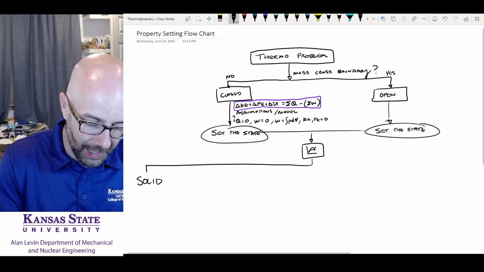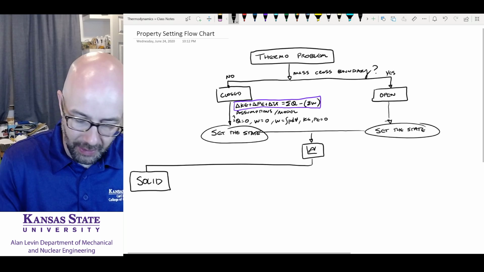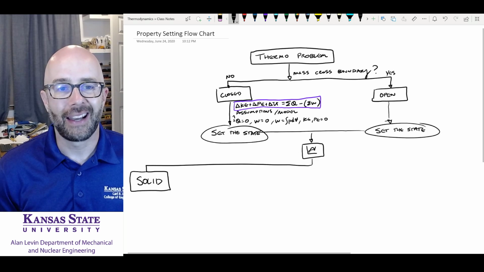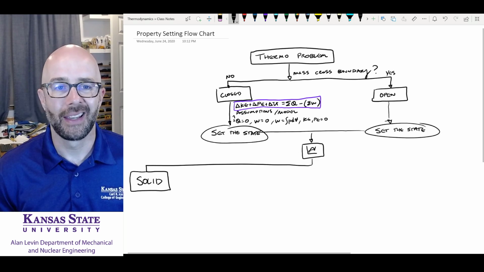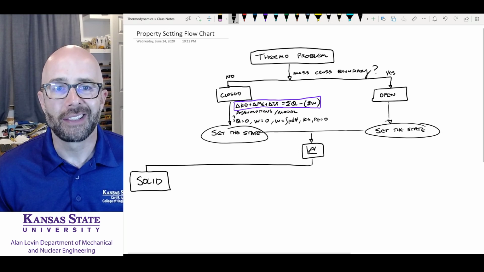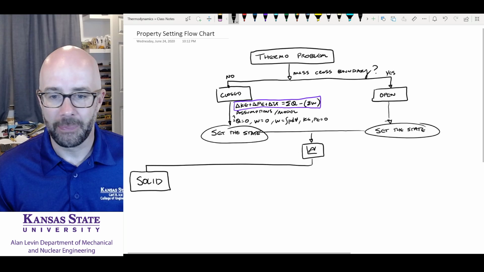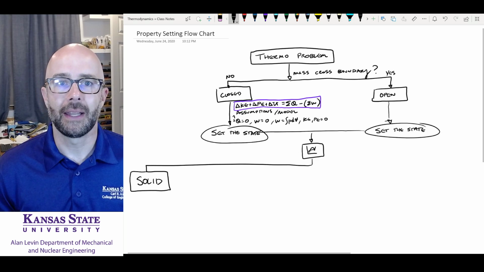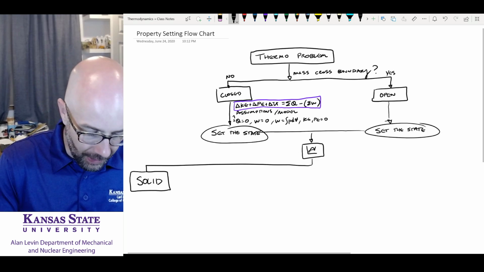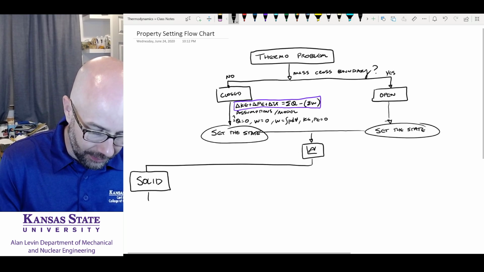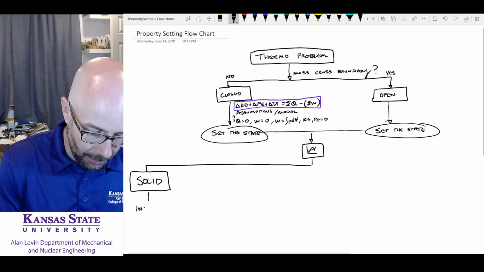Now, we're not going to be able to find the solids through this little TV or PV diagram. We're just going to know it's a solid because it's solid. It's iron. It's copper. It's aluminum. The only thing we can do with that is the incompressible substance model.